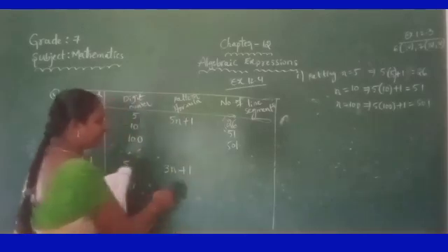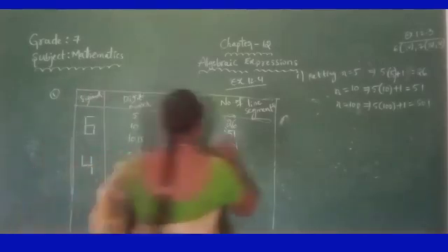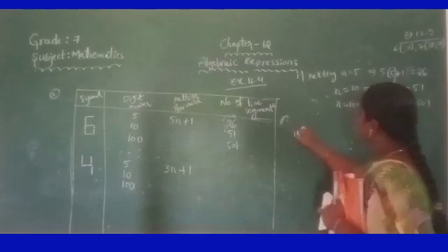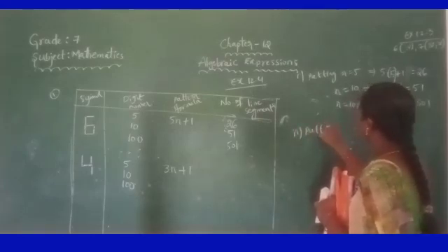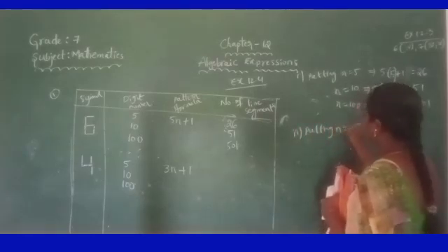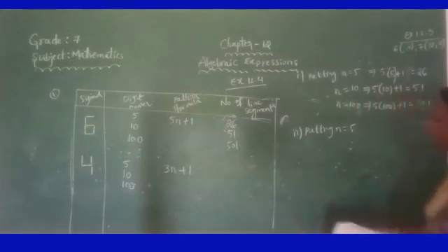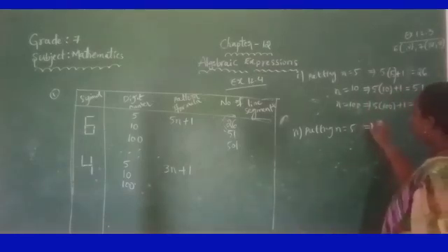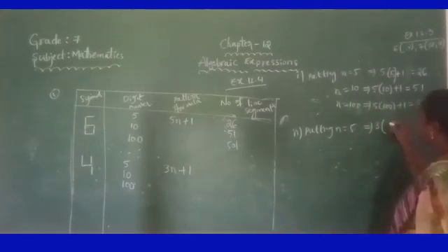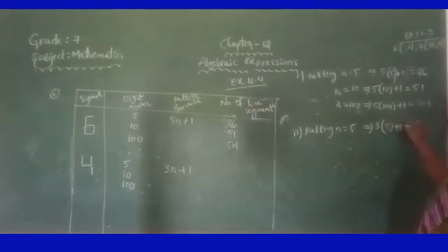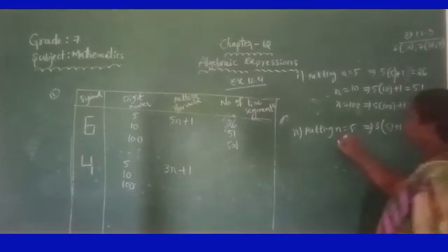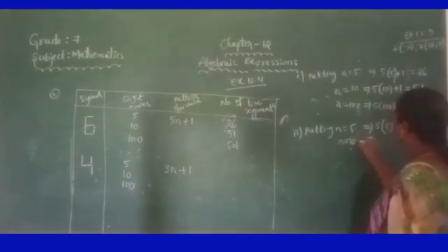Substitute here, putting n is equal to 5. In the rule, 3 into 5 plus 1. 3 fives are 15 plus 1 is 16.